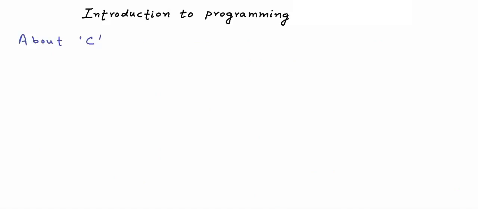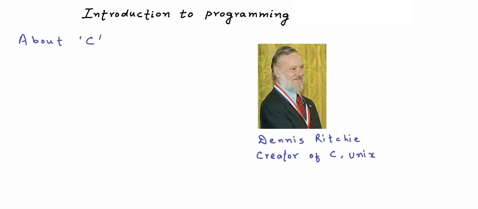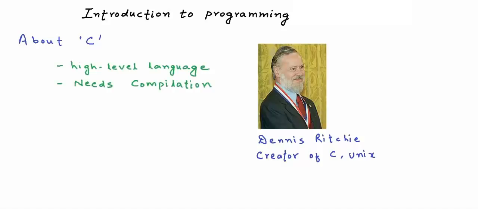C was developed around the year 1970 by a great computer scientist named Dennis Ritchie. Dennis Ritchie is also the creator of the Unix operating system. In fact, the Unix operating system was written in C. C is a high-level language and it needs compilation.